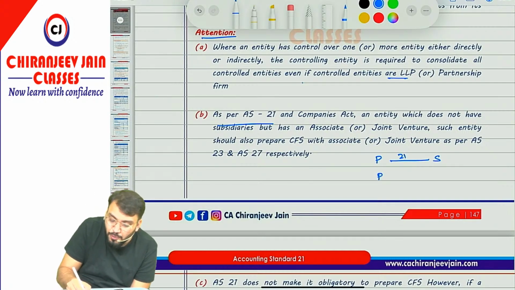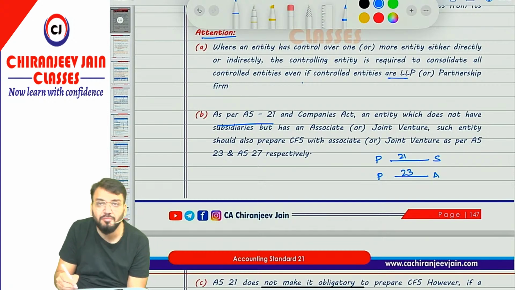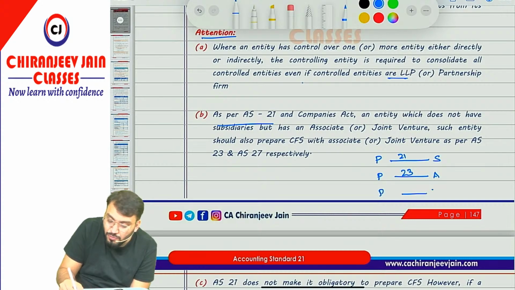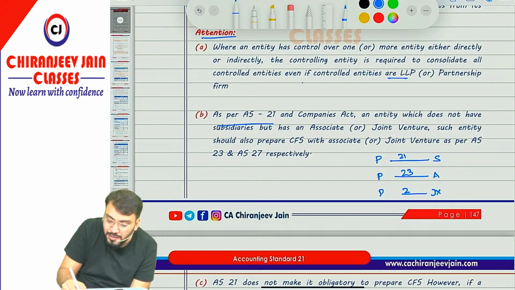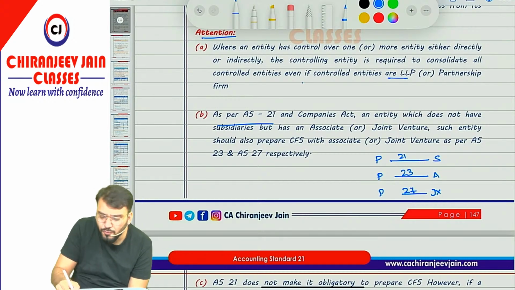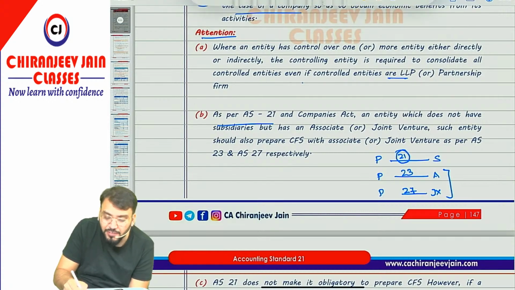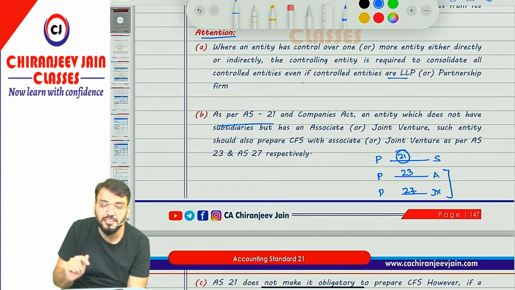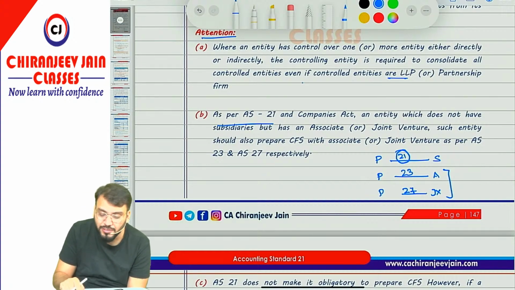If P Limited has an associate, it needs to prepare them as per AS 23. And if P Limited has a joint venture, it needs to prepare them as per AS 27. Of course this will be discussed in separate accounting standards. Right now we are concentrating on AS 21. In this chapter we'll understand how a parent company will consolidate all its subsidiaries.